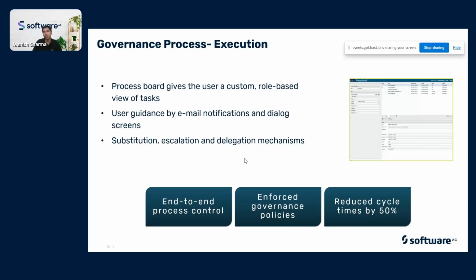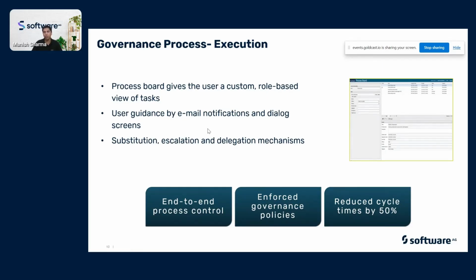Then the user or the model owner can approve or reject the change that has been carried out by the modeler. All of it is supported by mail notifications. Whenever a change request is created, or when an action is taken against a task, as in approval or rejection, the relevant parties are notified.